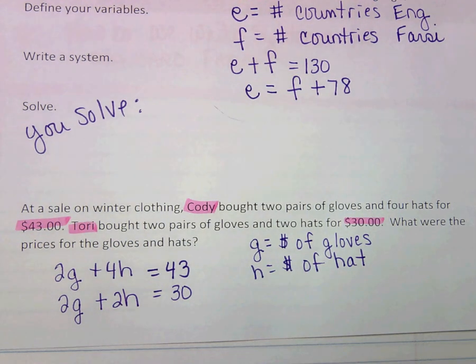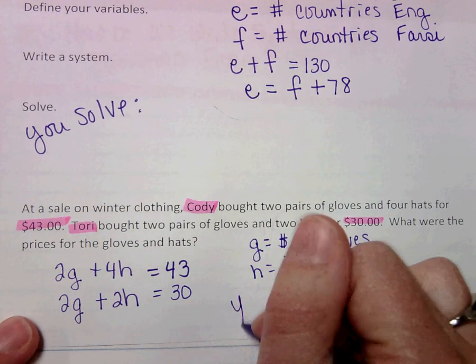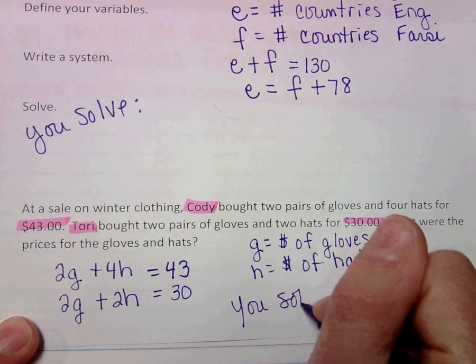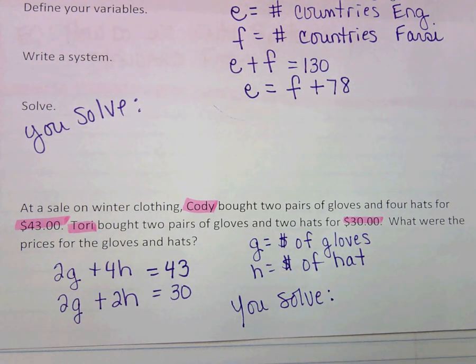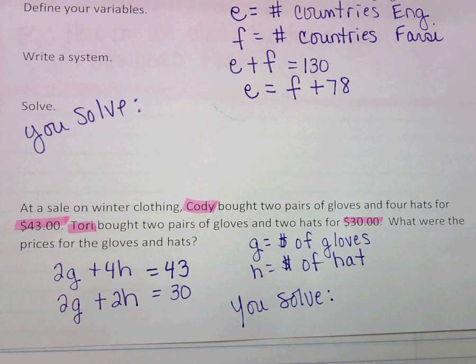Okay, so now again, I want you to come up with the solution to this system and this problem. Remember, on all of these solutions, don't answer as an ordered pair. That doesn't make sense. These are word problems. So we need to make sure that our solution that we state relates back to the problem.